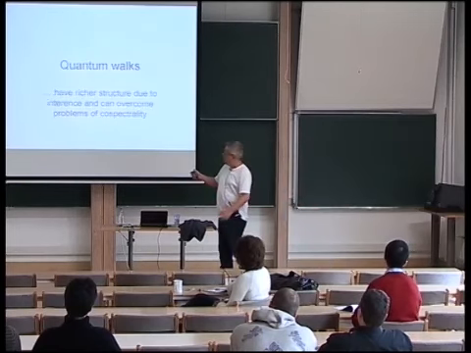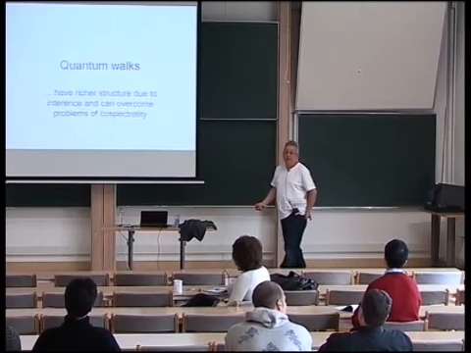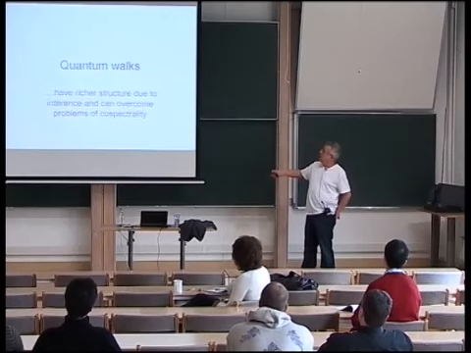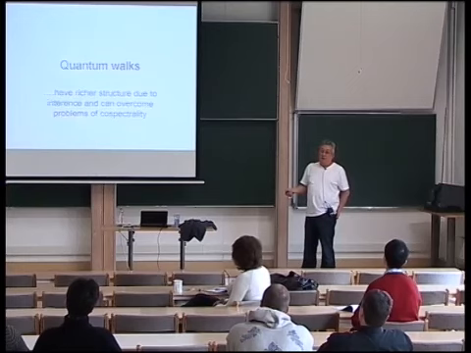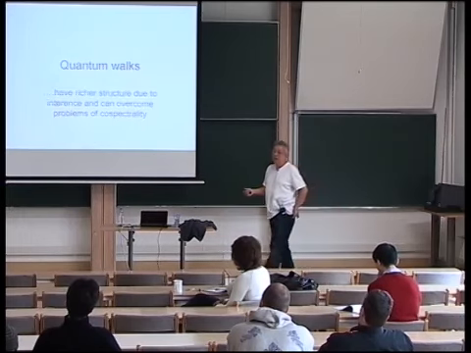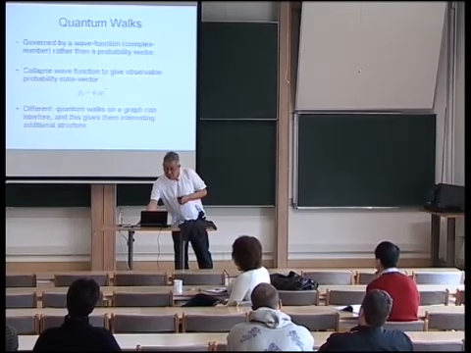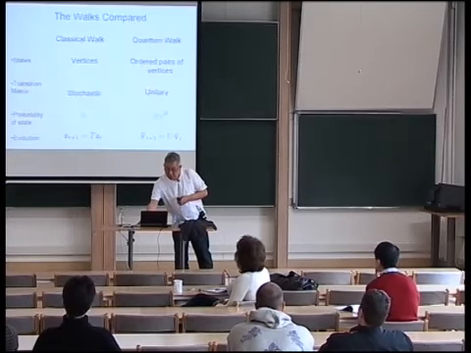What we've been doing recently is looking at different types of walk, particularly things called quantum walks, which have a rather different structure, and seeing whether the spectra associated with these walks can resolve some of the problems of co-spectrality that hinder classical methods.